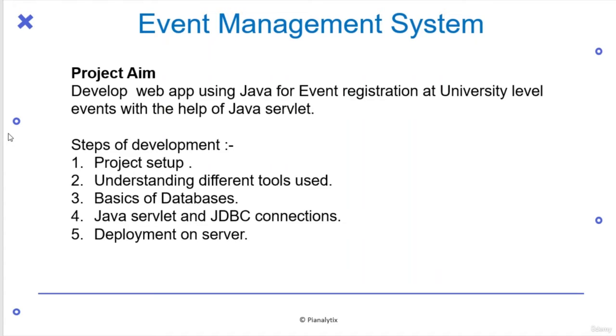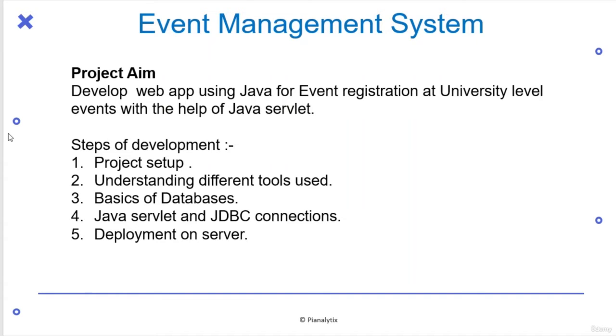The steps of our development are: first is project setup, where we basically set up our project in the IDE. Then understanding the different tools which we are going to use. Then basics of databases, how we can handle the database. Fourth step is making connections with Java servlet and JDBC connection.